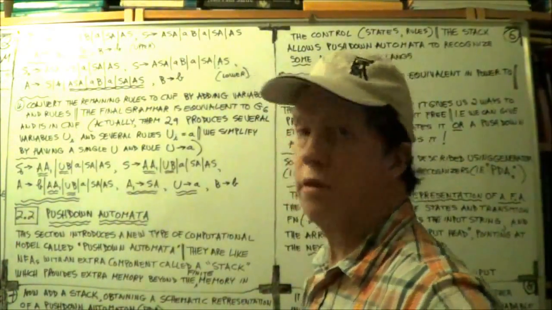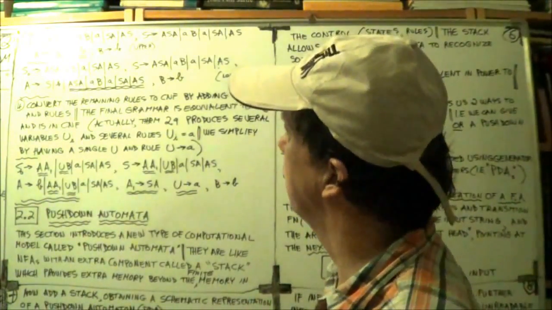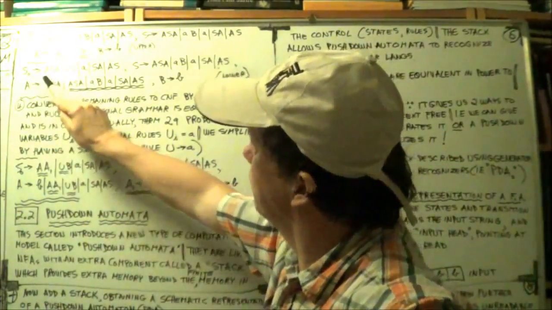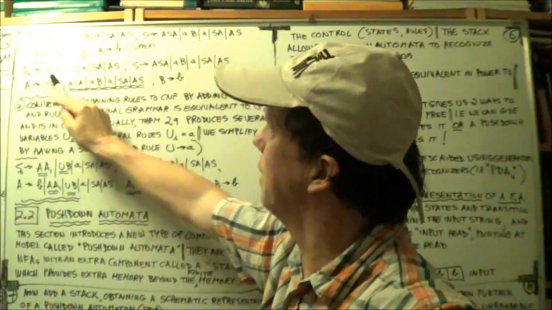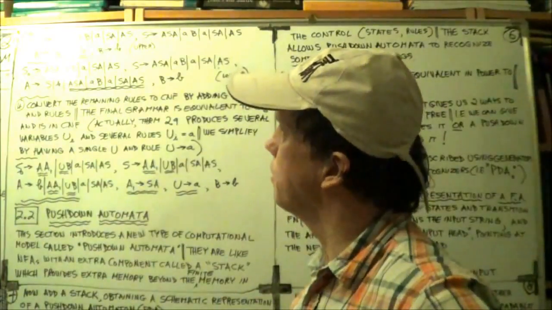So that's the current grammar, the grammar so far, and we're getting there. Have a look: we've still got 3 variables in the right hand side here, so that's not Chomsky standard form.